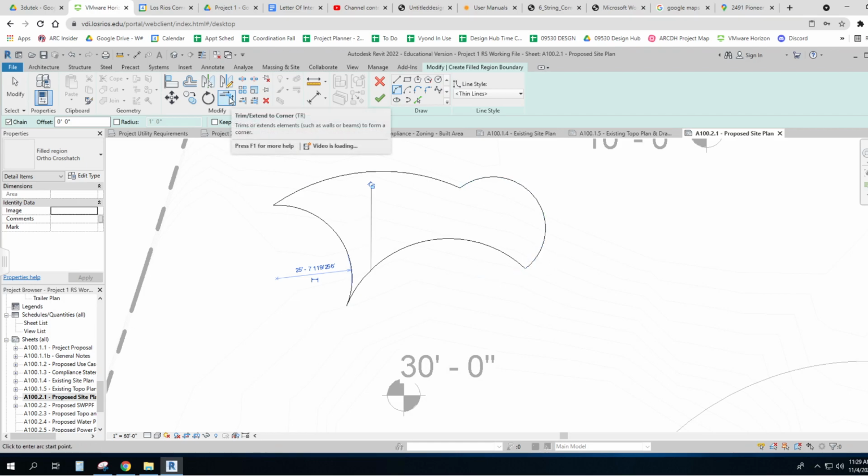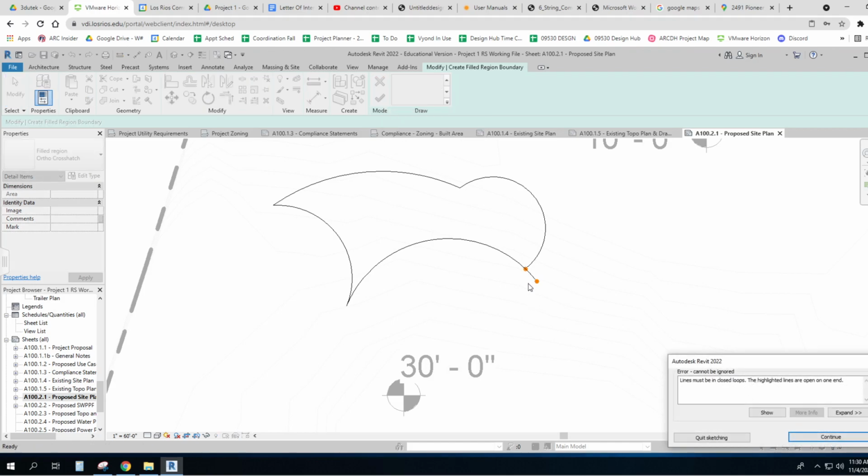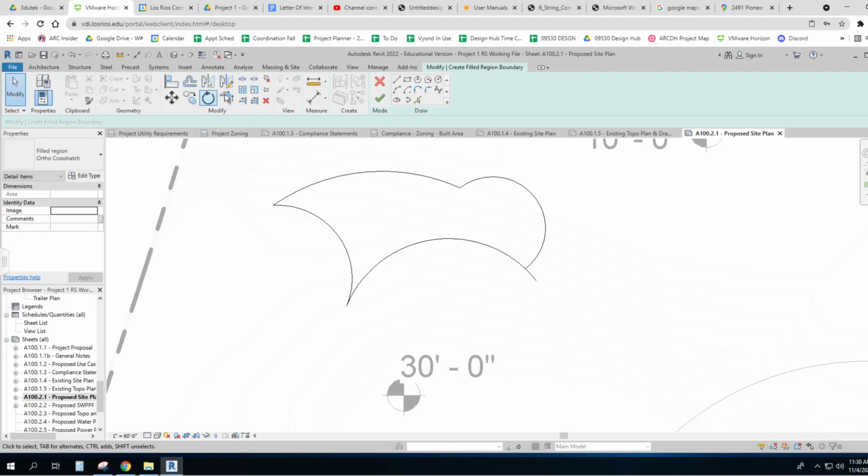So you need to do this fillet command just in case. But they're all okay. But let's say I had this one kind of like that. If I try to go, okay, it goes, oh no, you've got to get rid of that. So I like to do the fillet to get rid of it. So that's one of the big deals.